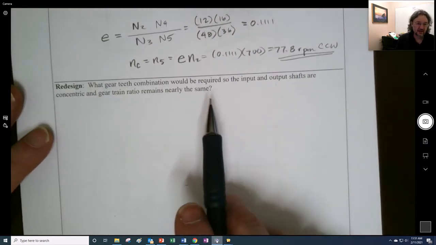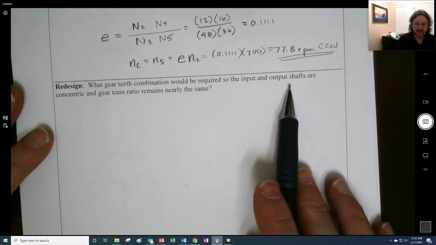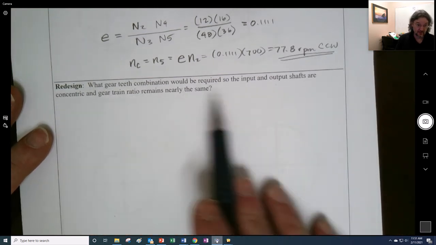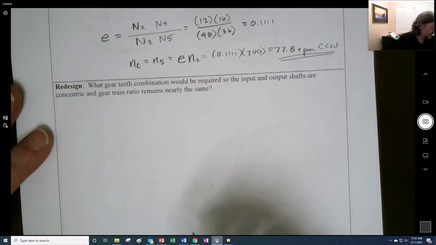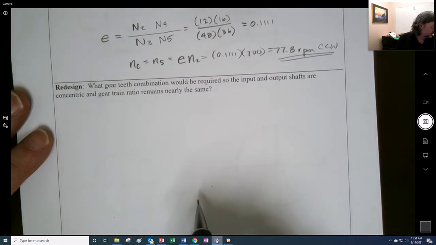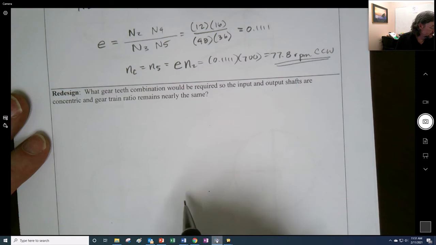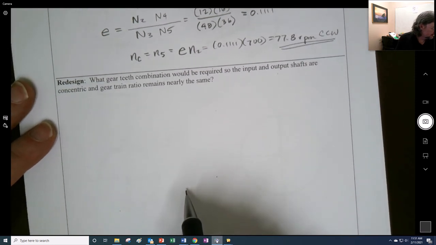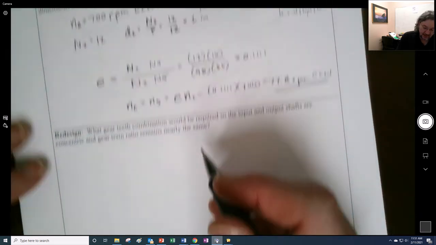What gear combination would be required so the input and the output shafts are concentric? So the input has to align with the output.